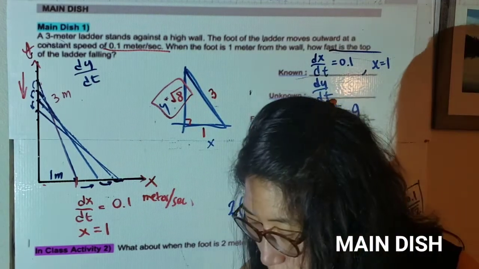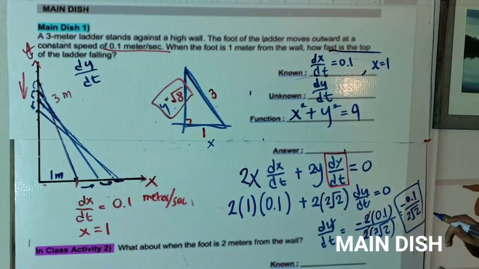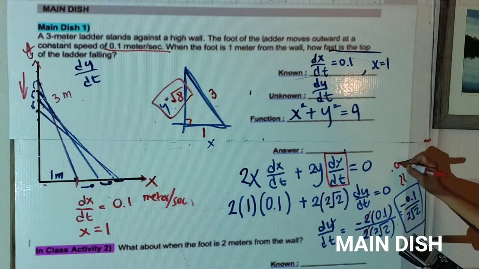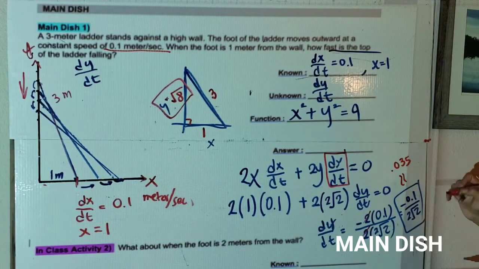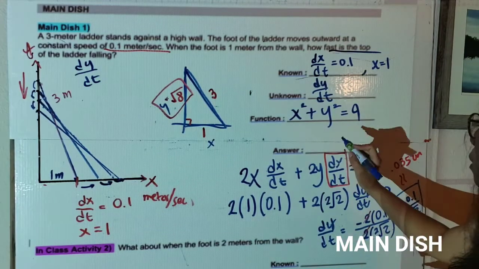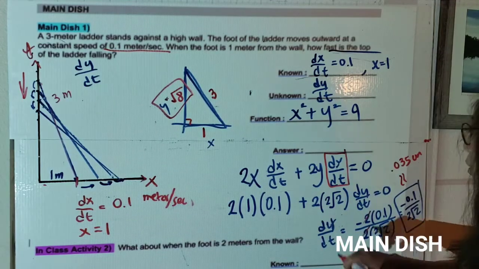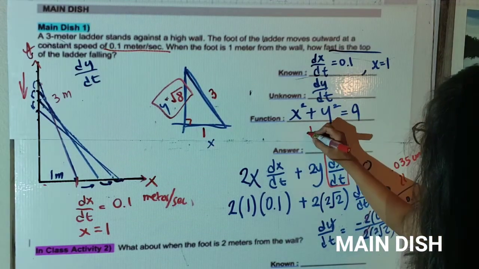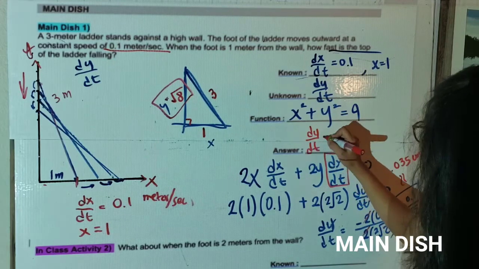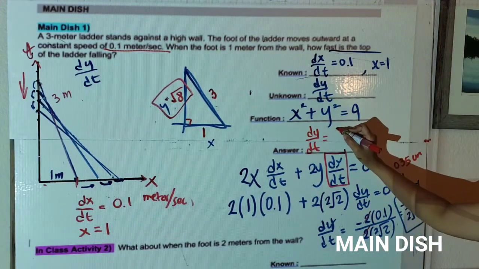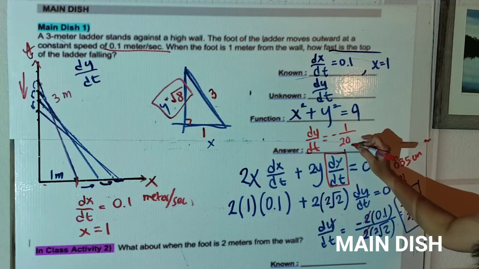If you punch this into the calculator, then I get about 0.035 meters per second. You also have to know that some schools are not gonna let you use a calculator. If you don't use a calculator, then you can solve this by hand. I multiply 10 and 10, so negative 1 over 20 square root of 2.